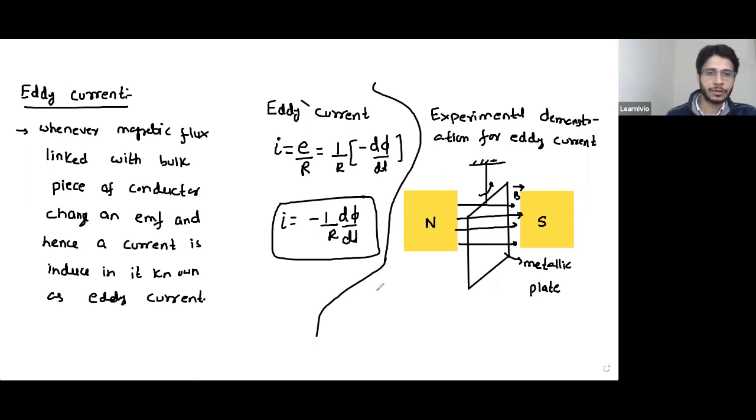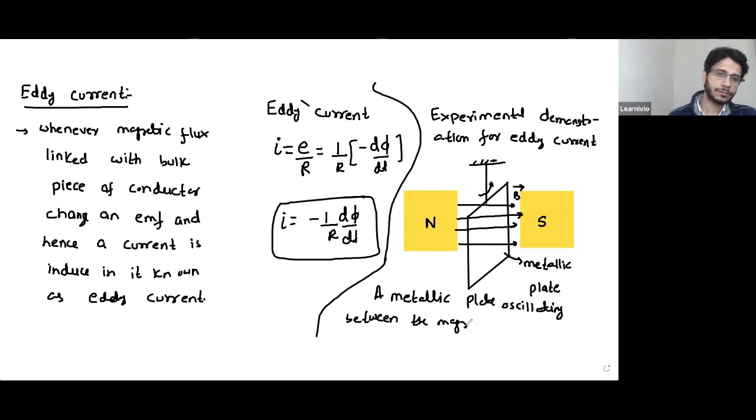So a metallic plate oscillating between the magnetic poles will get damped due to eddy current.